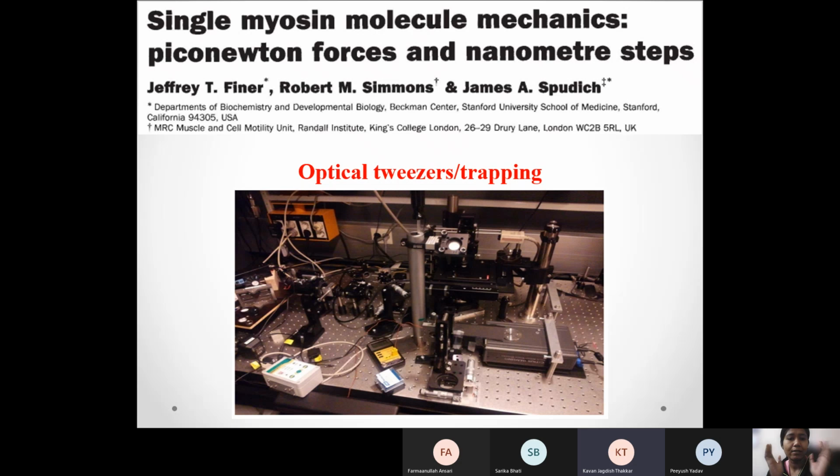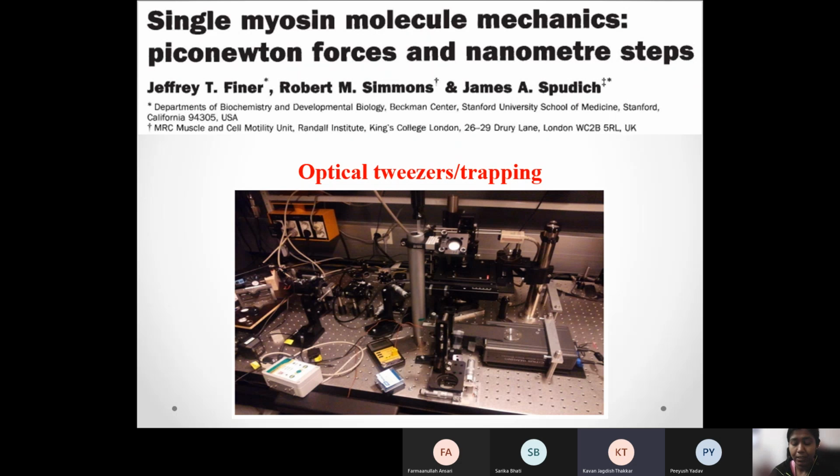What I'm trying to say is that you need a detector, because if you want to see how far the bead has moved, you need some kind of detector to detect that. So you need something that is going to hold the bead in place. For that you need a system of laser and lenses, and then you need to be able to see the bead.